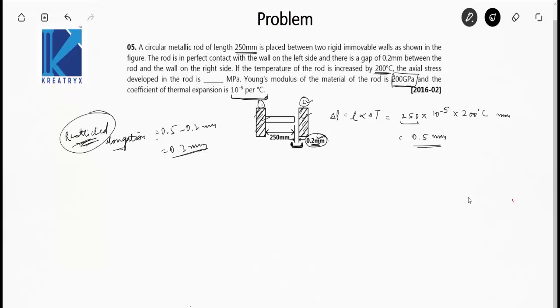The rod will not elongate further because the wall is present, and the stress in the rod will be due to this restricted elongation.